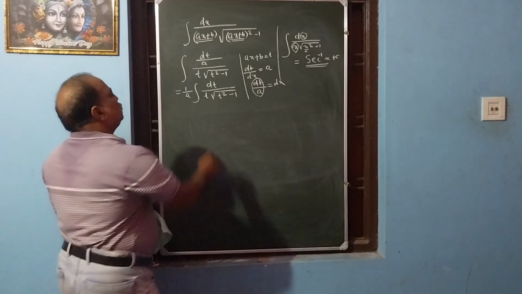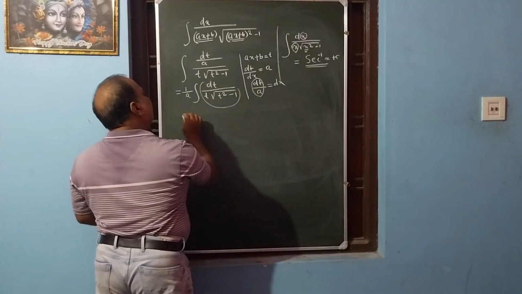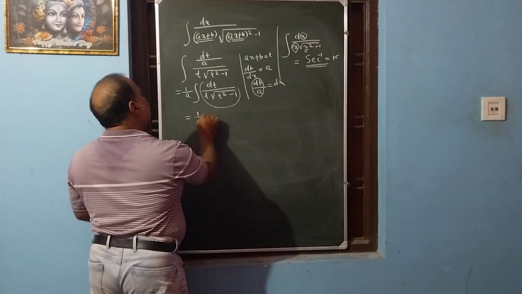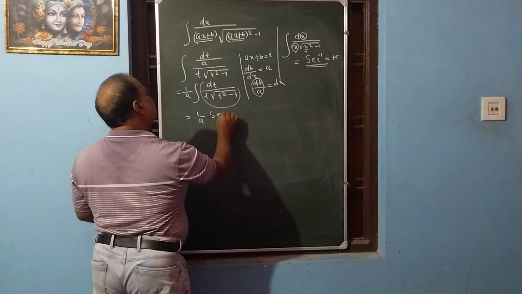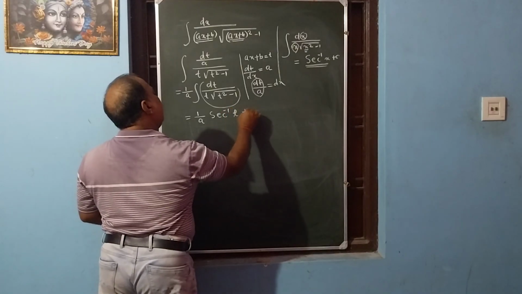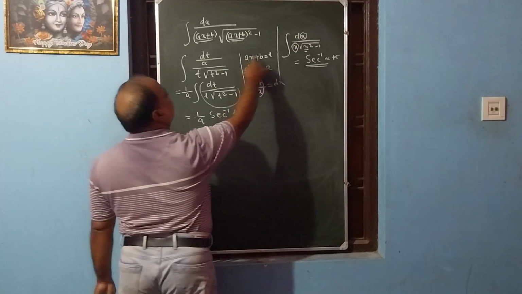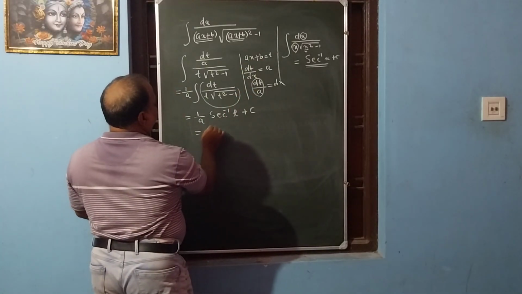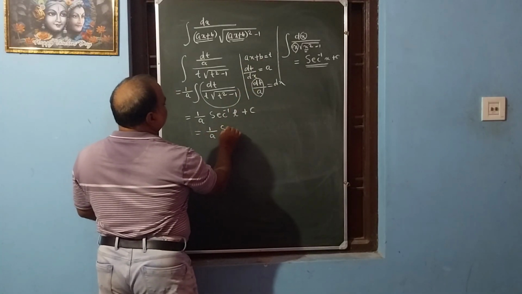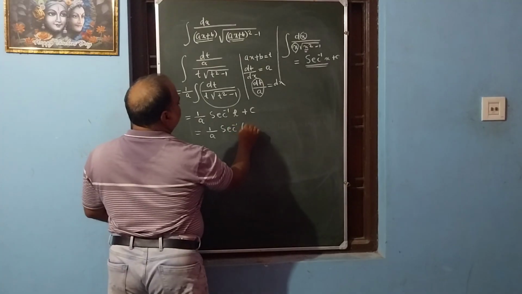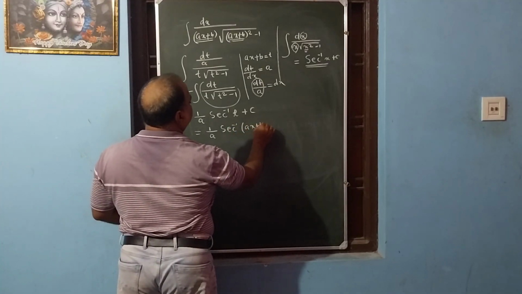So what is the integral value? Its value will be sec inverse t plus c. Now we have to put ax plus b in place of t. We get 1 by a sec inverse (ax plus b) plus c.